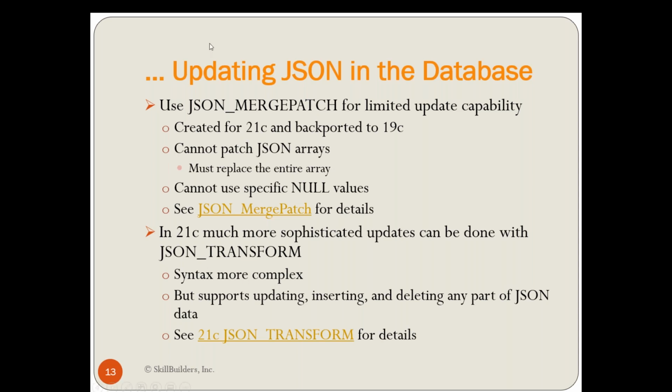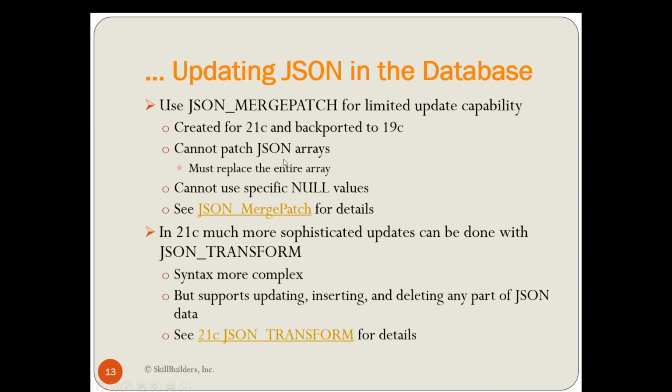So what did Oracle do? Back in 21, they created a JSON merge patch, and that has been successfully backported to 19C at this point. So if you're in 19C at the appropriate release, you can now use merge patch, and it has limited update capability. It allows you to update part of it, but it's not super sophisticated. And why is it not super sophisticated?